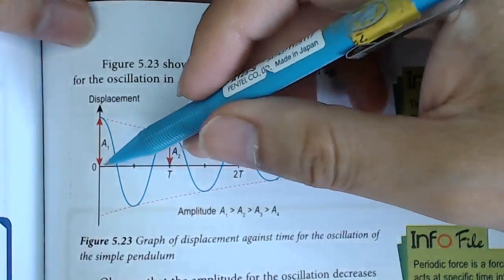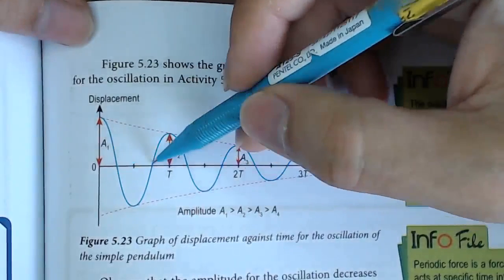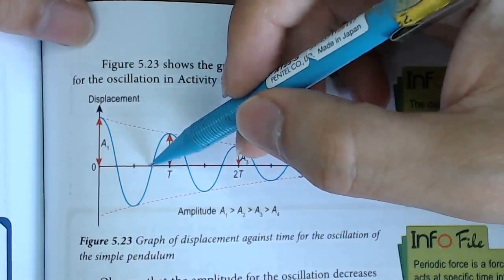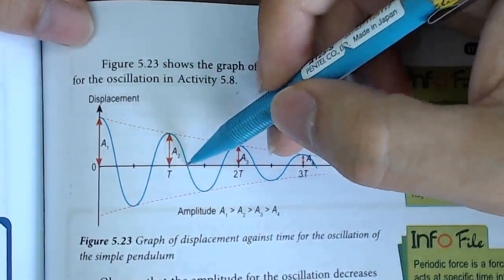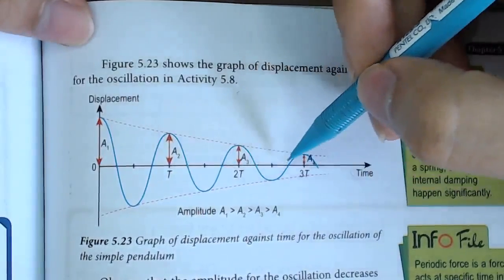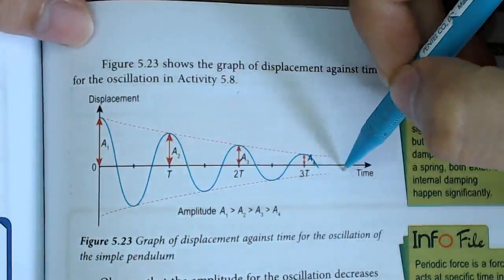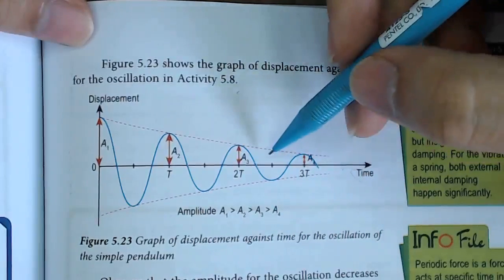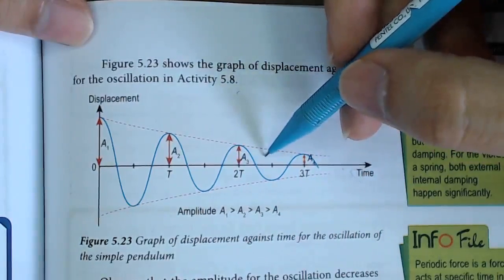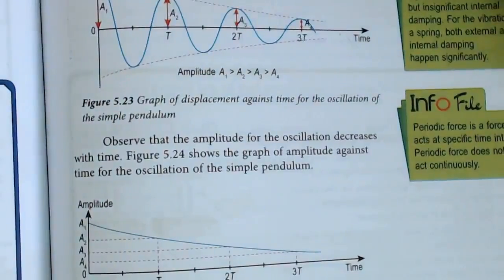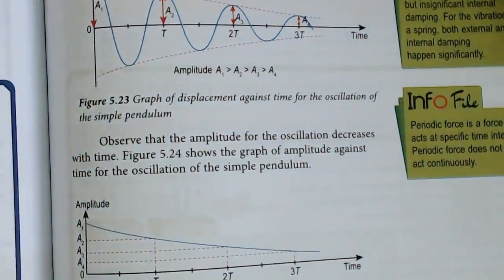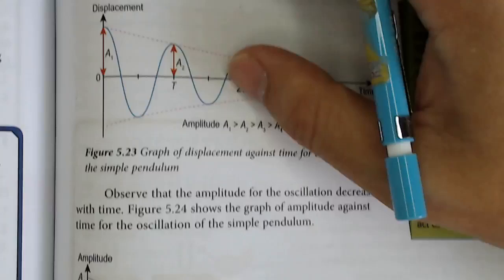So you see, from this point to this point, it is the same time as this point to this point, this to this, and so on. So you see the time never changes. The only thing that changes is the amplitude. So that is what damping means.